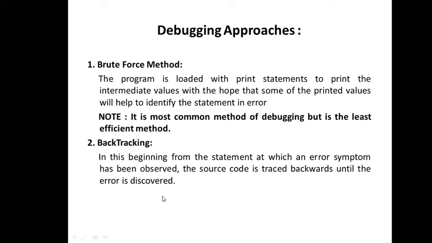But there is a problem associated with the backtracking method. See, when you start backtracking, say from the 7th line then to the 6th line, in the 5th line there is a function call. In the 4th line again there is a distinct function call. So whenever there is a function call, you have to go to its definition, and then you have to again backtrack or trace those definition lines also.